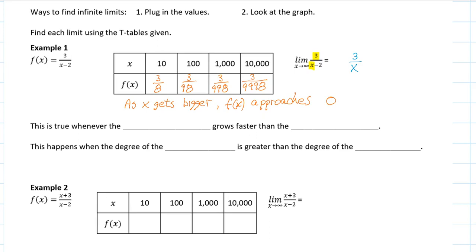And as x gets bigger, 3 over x goes to 0 as x goes to infinity. As x gets bigger, that value is going to get closer and closer to 0. This is true, if you remember again from pre-calc, whenever the denominator grows faster than the numerator.